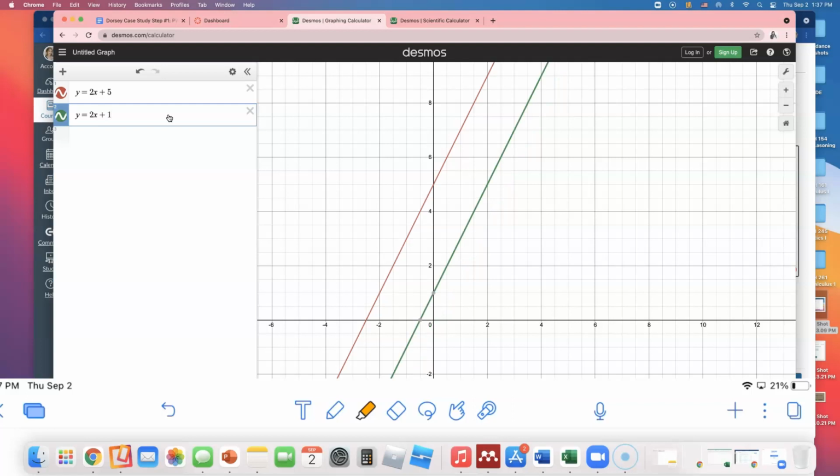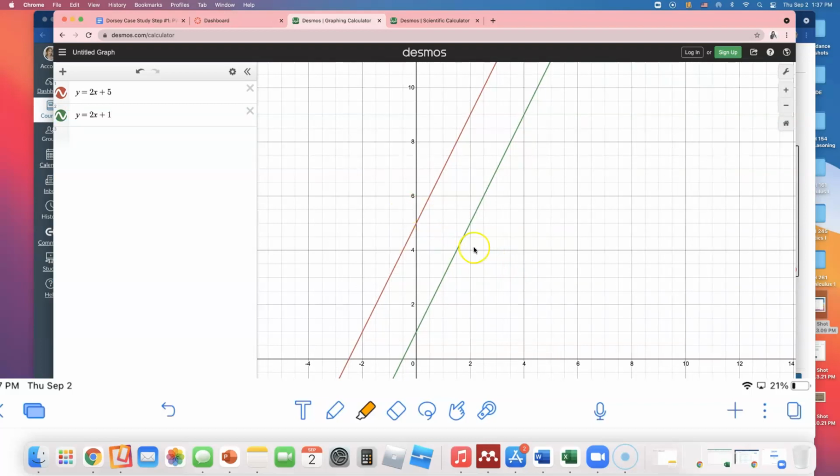Take a look at this green line. This one starts lower at 0, 1, but it's also going up 2 over 1, up 2 over 1. So they're so similar, but these two lines will never intersect. They will never meet. They just keep on going the same way, and if this happens, we call these two lines parallel.